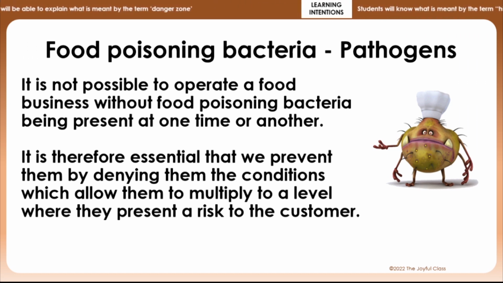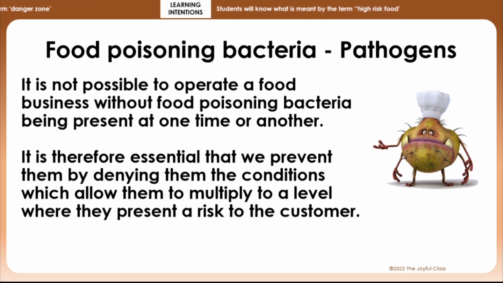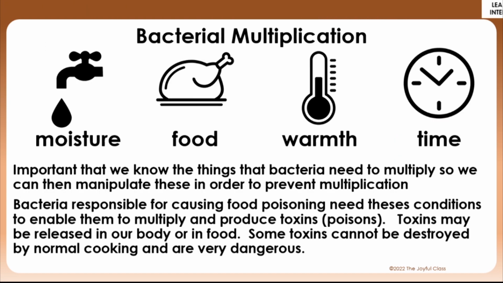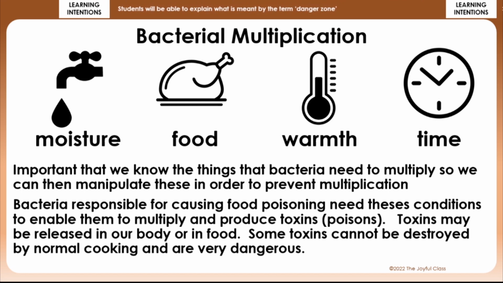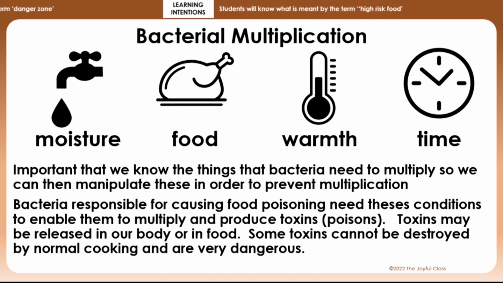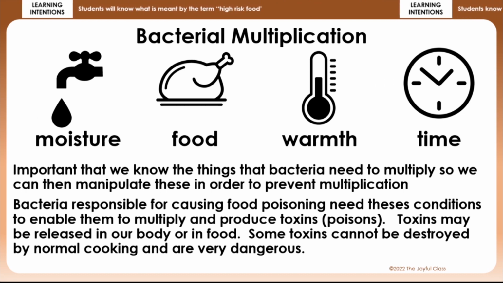And if we prevent them getting those conditions, we stop the risk to our customers. So it's important to know the things that bacteria need to survive, and we can then manipulate these in order to prevent multiplication.